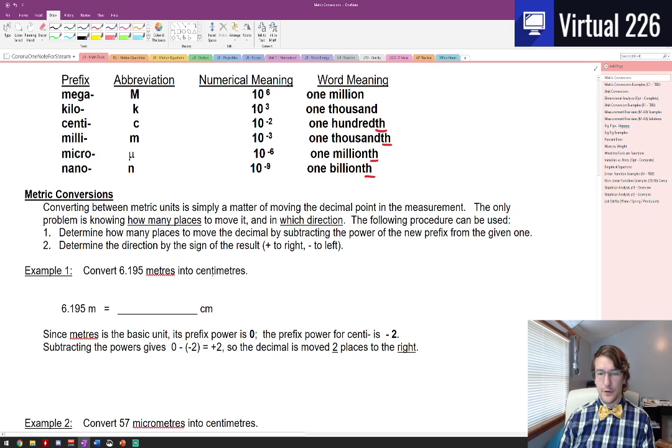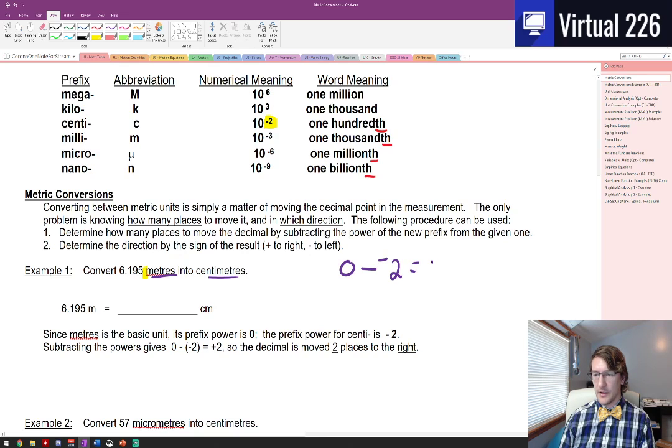So in our first example here, we have meters and we're going to centimeters. The new prefix is centi, so we'll look at this exponential power here, this factor, minus 2, and we'll subtract that from the base unit, or whatever we had previously. Now previously we just had meters and there was no metric prefix there. So the way this will look is 0 minus negative 2.